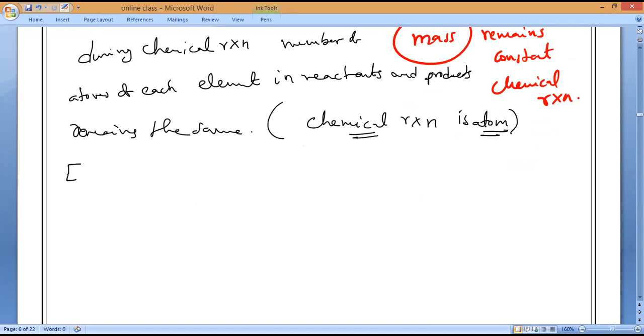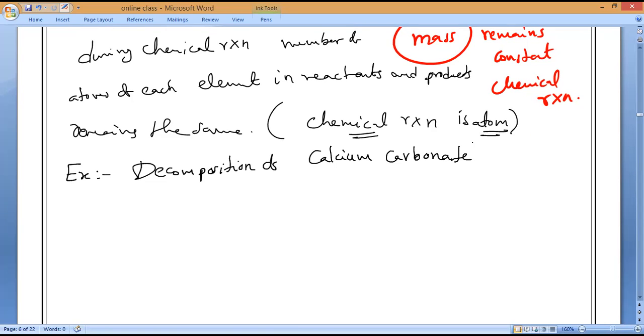So let us take one example and verify it. Keep the decomposition of calcium carbonate. This reaction I already taught you. So let us verify. All of you tell me, what is the calcium carbonate formula?